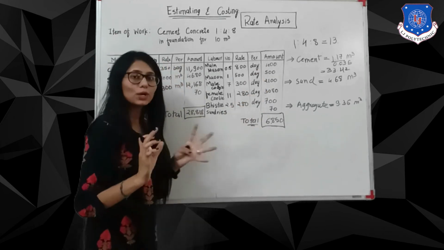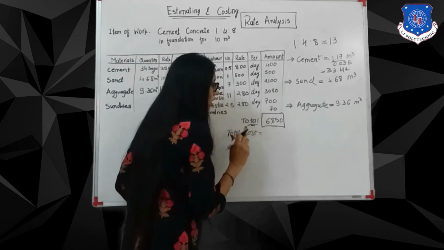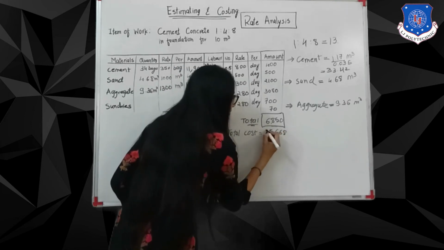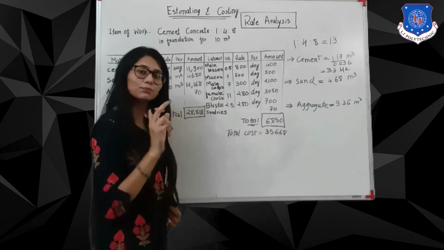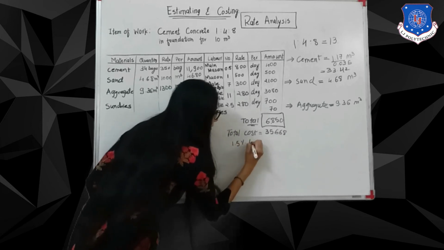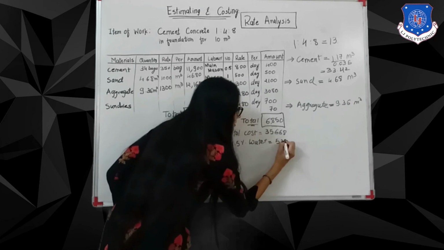Now it's time to calculate the final cost. The total cost of material and labor is 35,668 rupees. For the water, we are adding 1.5%. So 1.5% water charges is 535 rupees.